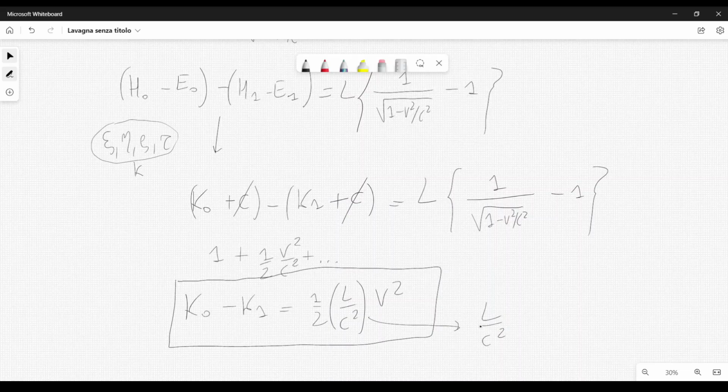So the answer to the question in the title of this article is yes, mass and energy are related. L over c squared is equal to delta m. In this case, you can write it as delta m because it's a decrease in the mass due to the emission of energy. And this is exactly the formula E equals mc squared written with a different notation. But it's the same thing we're talking about here.